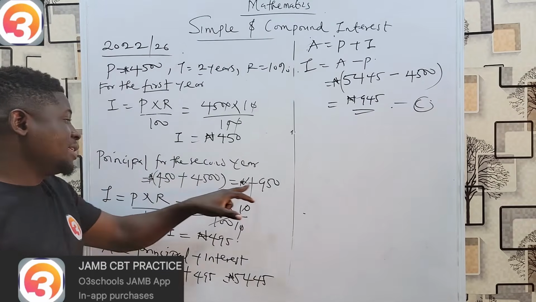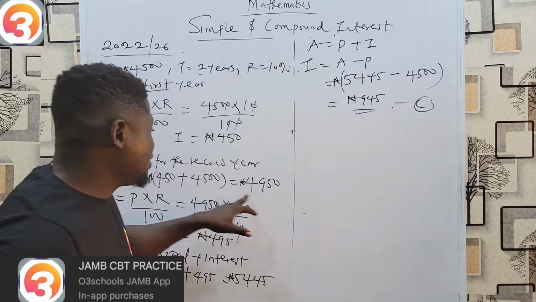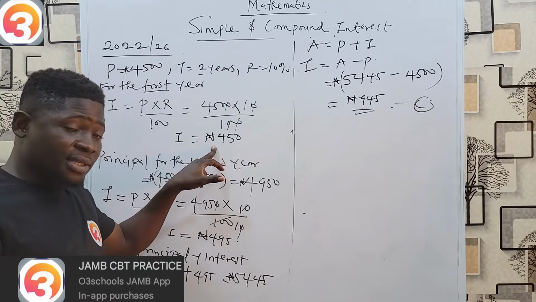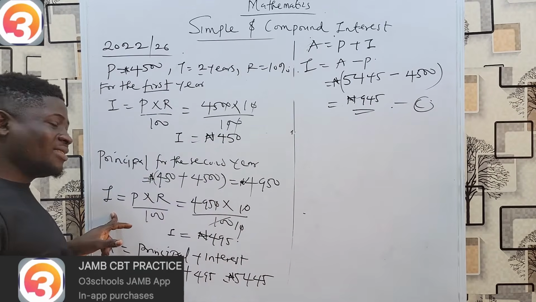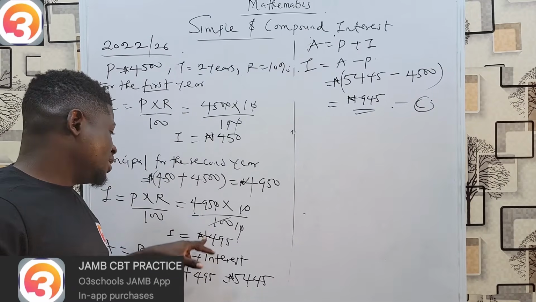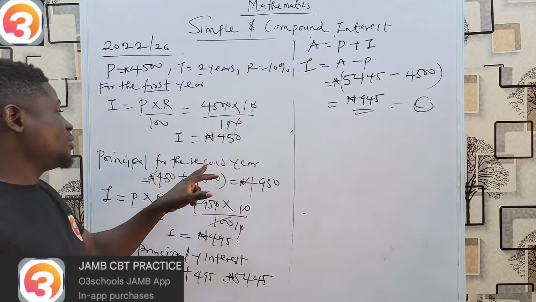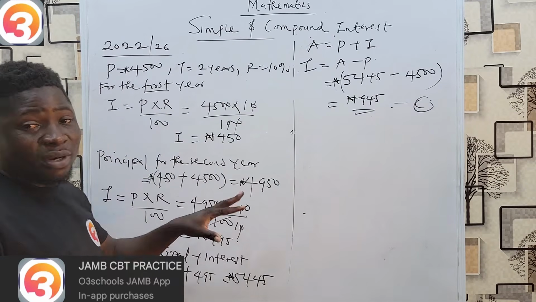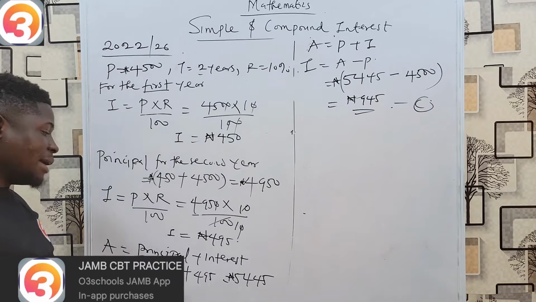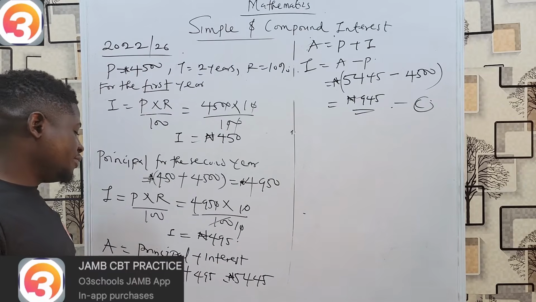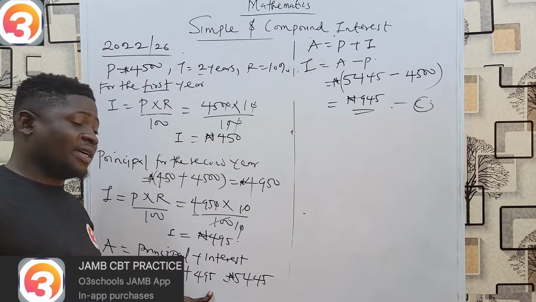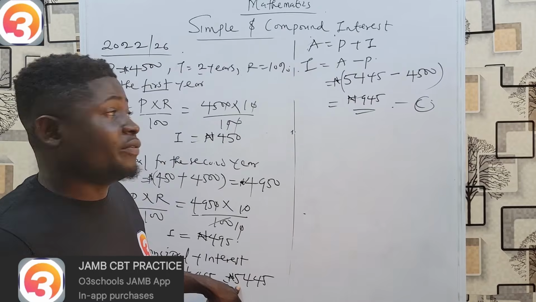So this is what we got, 4,950, after getting this interest. Then we calculate the interest again using this. Because it ended in the second year, we need to now calculate the amount. The amount will be the principal plus the interest. So 4,950 plus 495 naira gives you 5,445 naira.